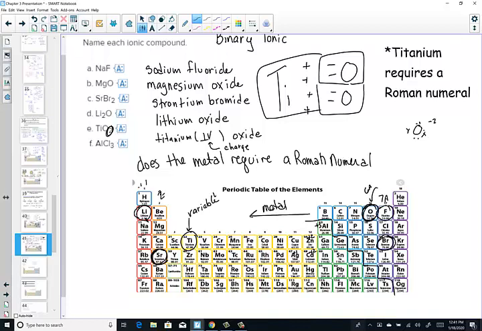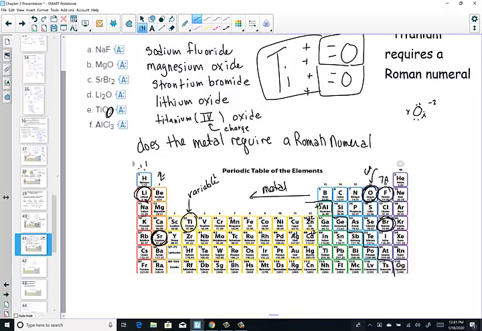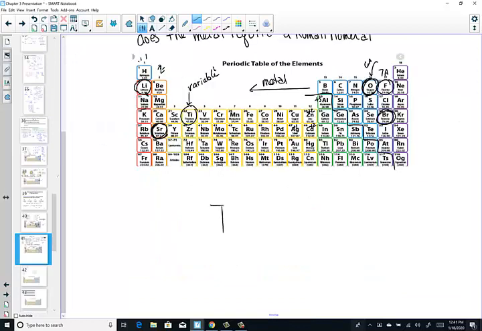Titanium 4 oxide. Let me stress that another way. Titanium was a +4, oxide was a -2. When we originally crisscrossed and brought those charges around and down, we noticed we had Ti subscript 2 with O subscript 4.